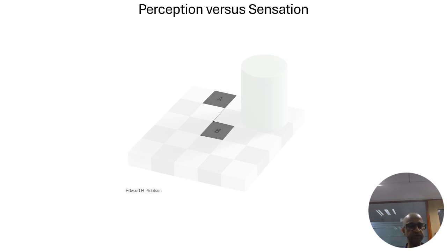So perceptual systems are doing something much more interesting than simple sensation or honest representation of light that is incident on your camera, right?